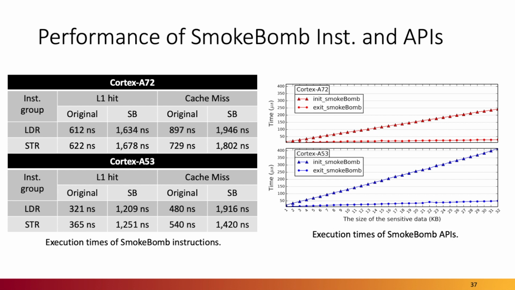To avoid unnecessary performance degradation, SmokeBomb handles the performance overhead of executing SmokeBomb instructions by patching only the cache-changing instructions in the sensitive code that access non-sensitive data. The right figures show the execution times of each API, which increase with the size of the sensitive data.